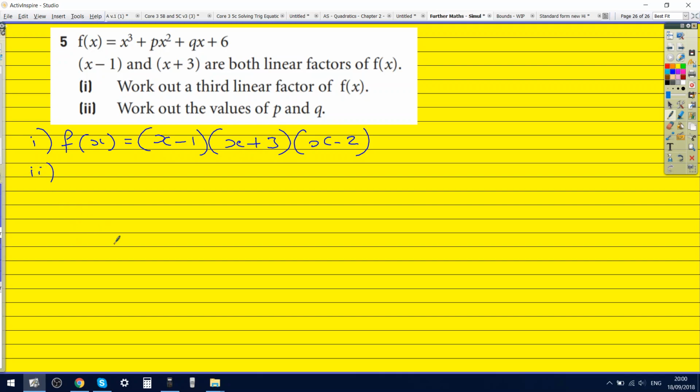Okay, part 2. No, sorry, I thought that was a part of trying to find. Oh, okay. Yeah. So if we know that p is a coefficient of the x squared, so if we expand this, we can find the x squared value, and then, right, so x cubed.